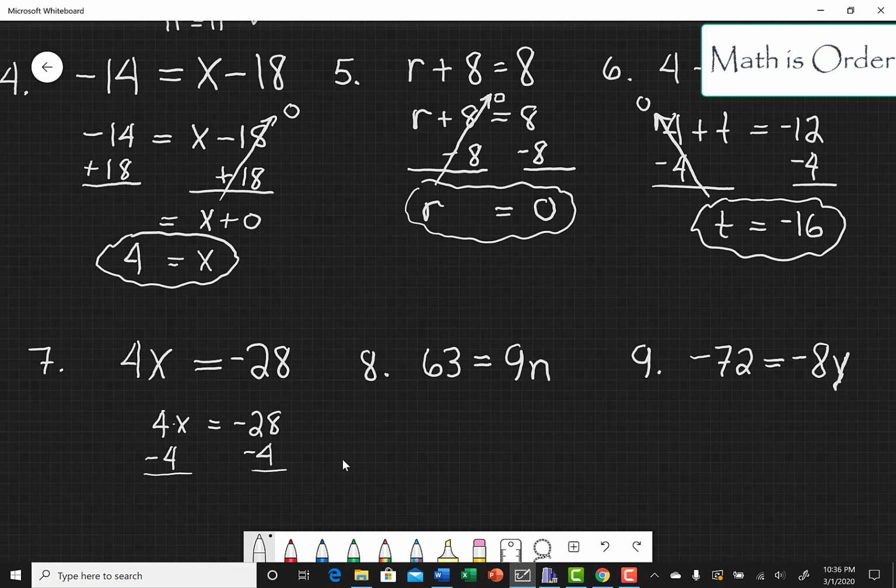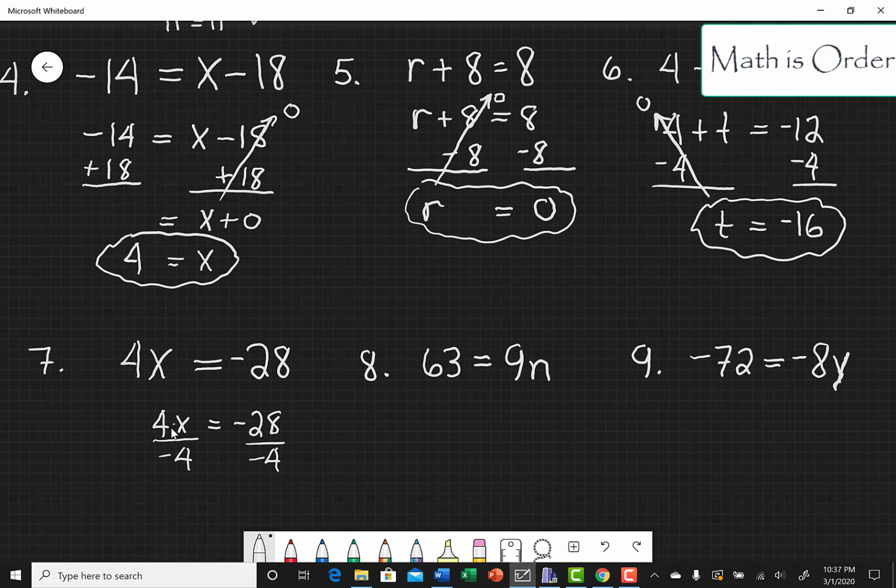Another common mistake that is made is that we may try to divide both sides by negative 4. But no, you don't have to divide by the negative 4. This is a common mistake.